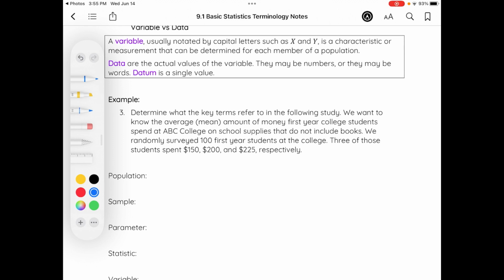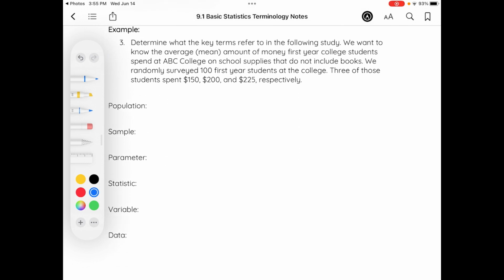Determine from all of the vocabulary that we've just used the key terms that refer to the following study. We want to know the average amount of money first-year college students spend at ABC College on school supplies that does not include books. We randomly surveyed 100 first-year students at the college. Three of those students spent $150, $200, and $225 respectively. So the population that we're looking at in particular is all first-year college students at ABC College.